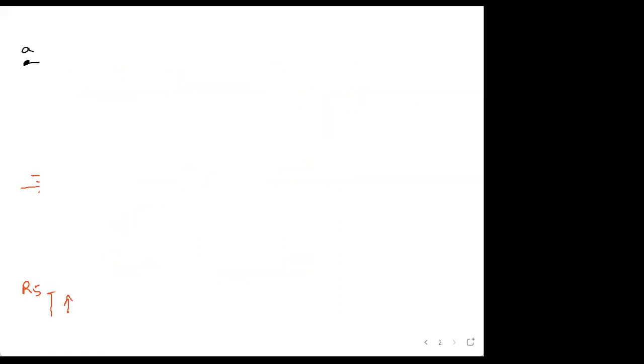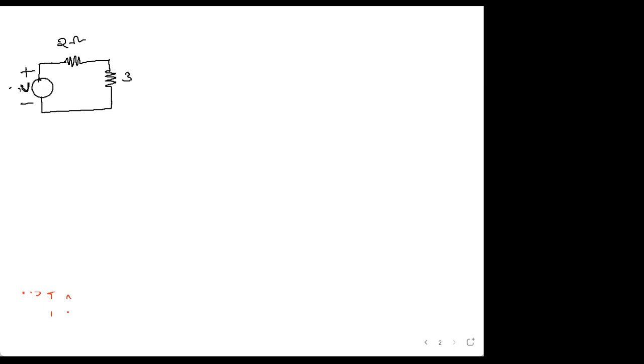Now, in the previous class, we have taken two resistors. Among them, a 20 volts source is connected here. So this is 2 ohms.